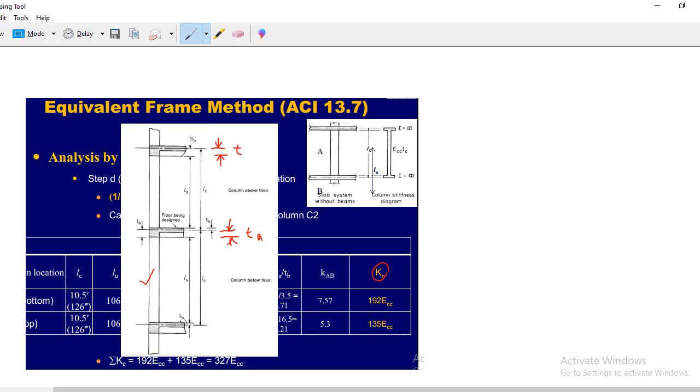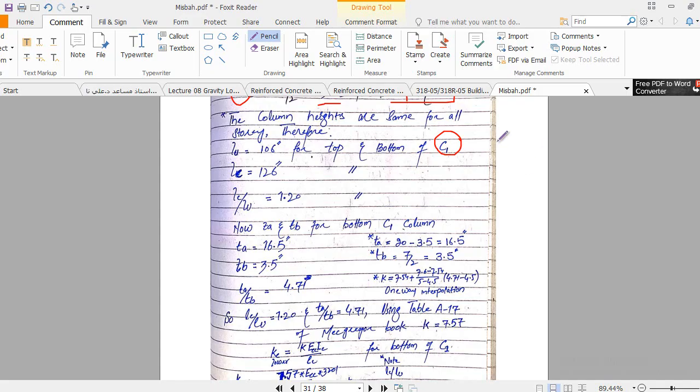So Tb is 7 inches as the thickness, so 7 divided by 2, that is Tb. And Ta is how much? You can get this value as I already did here: 20 is the overall depth of the beam minus 3.5 inch cover from the top, of half of the slab. So you got the Ta value, and Tb will be this one.